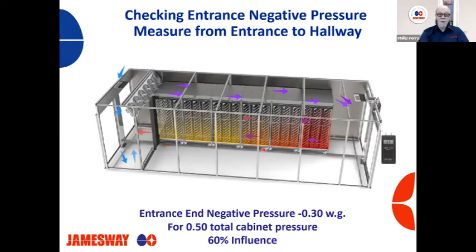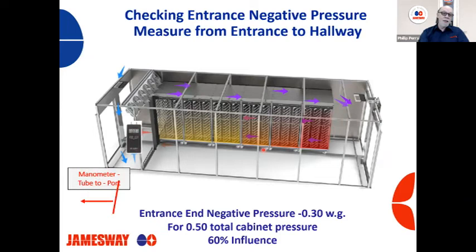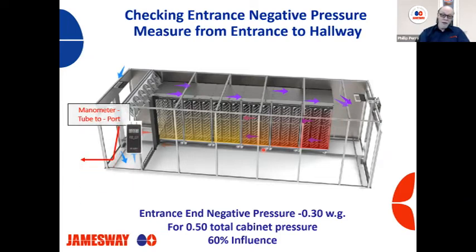Again, we step through the machine, through the exit in, walk down the aisle, and standing in the entrance in, we attach a tube to our negative port, and we measure out into the hallway underneath the threshold. And what we would want, if we have a total cabinet pressure of 0.5, is a reading of about 0.30 inches water gauge.